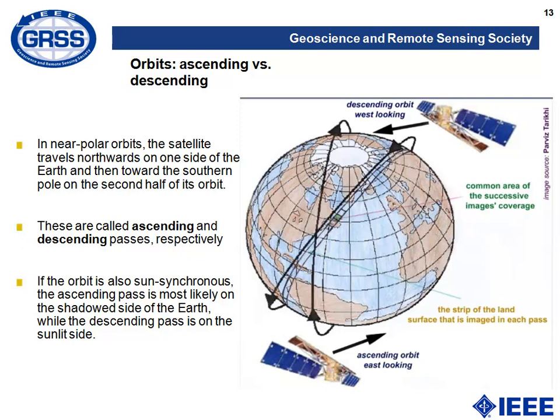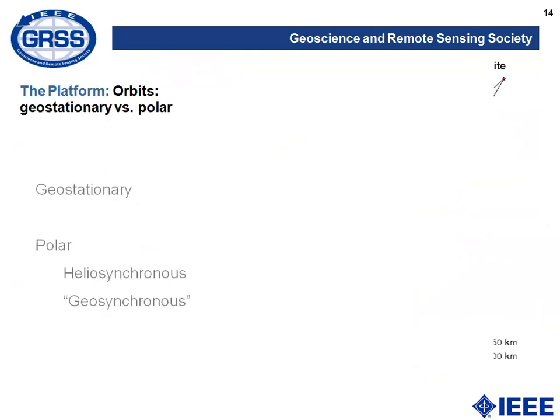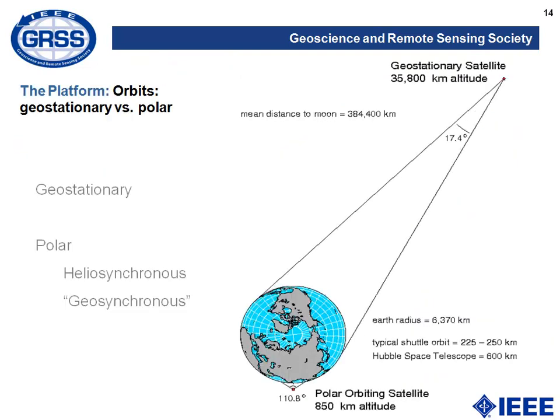The sort of application will define the sort of orbit that we need to fit the technical and operational requirements. On the following slide, we have some animations and graphs that demonstrate the advantages and disadvantages of geostationary versus polar orbits, heliosynchronous or geosynchronous.